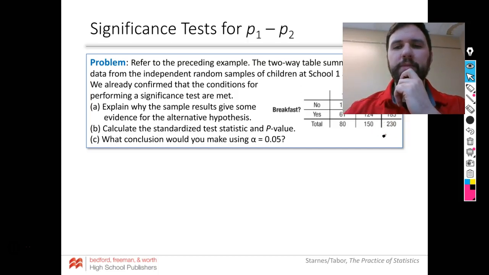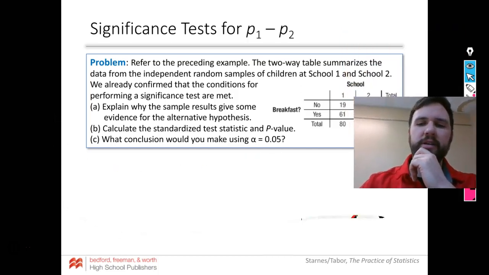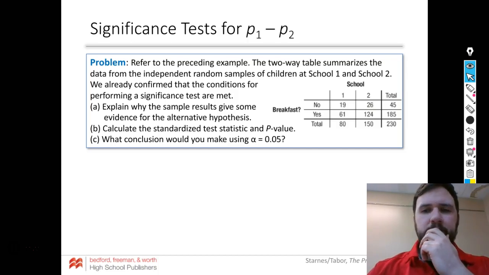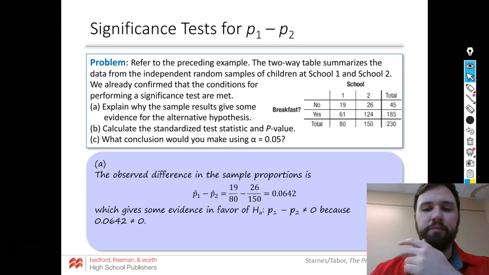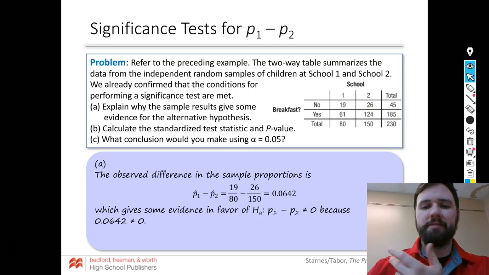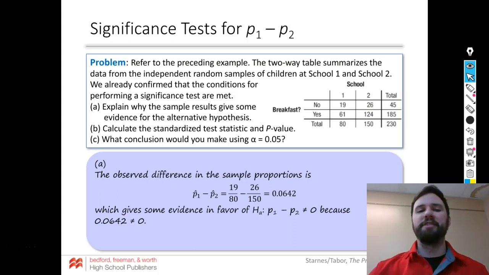So here's our data from school 1 and 2. What's the first piece of evidence we have that they're different? Well, P1 minus P2 is 0.062, so there is a difference. It's not 0, so that's some evidence that they're going to be different. But are we statistically sure?